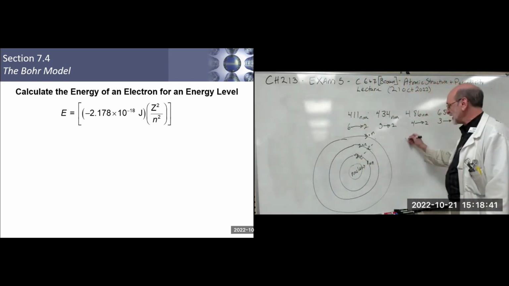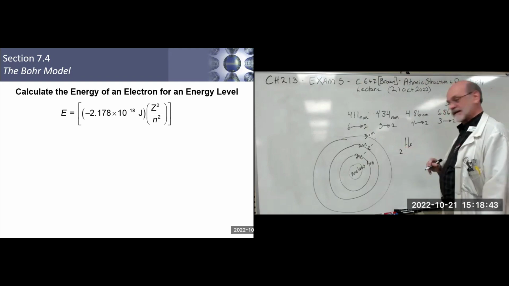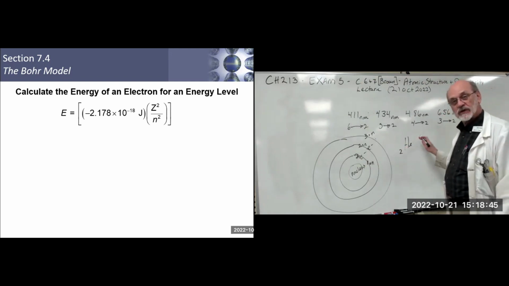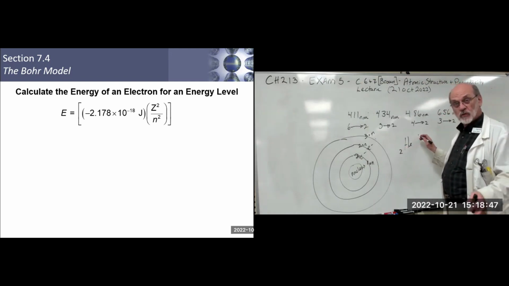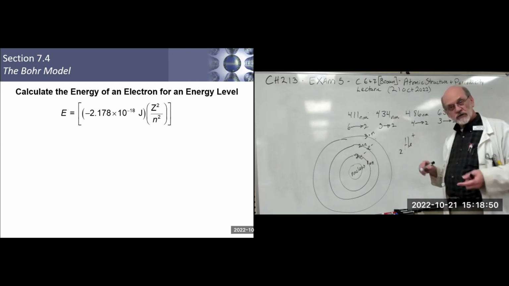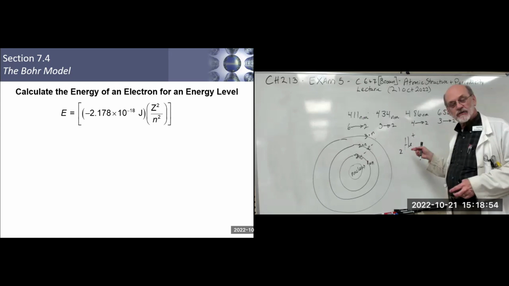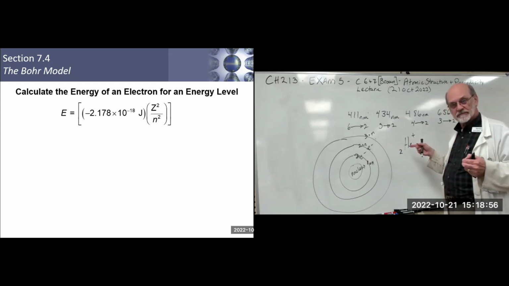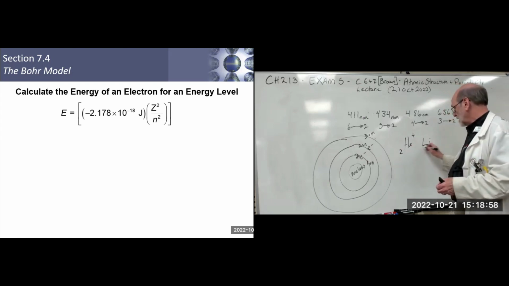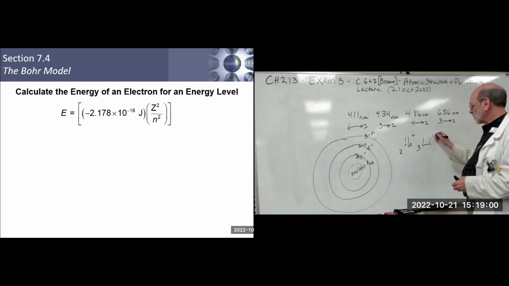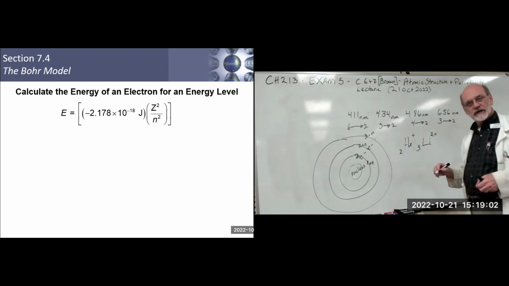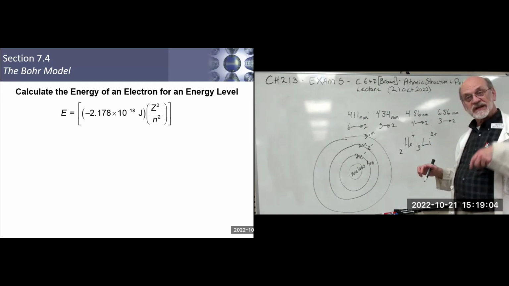So say helium, right? Helium has 2 electrons. It's got to lose one of them. So if it loses an electron, now it's a +1 ion. That's like hydrogen, electronically speaking. Lithium has 3 electrons, so it would have to be a 2+ ion to be like hydrogen.